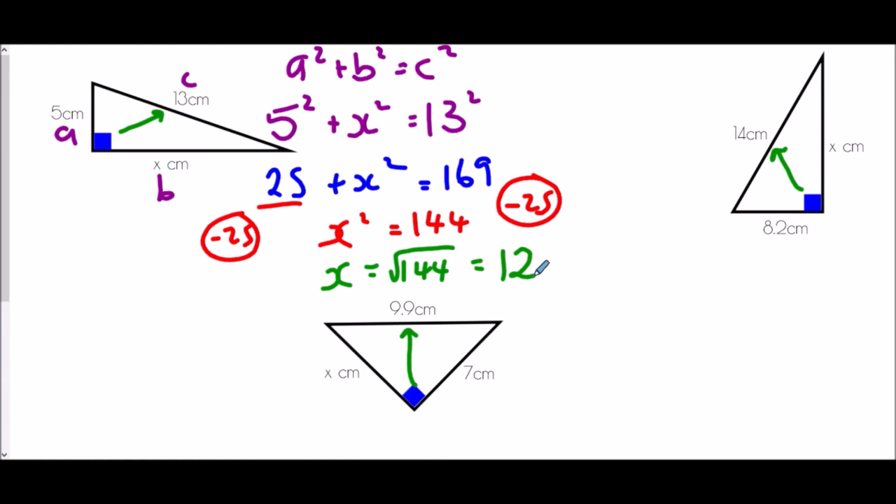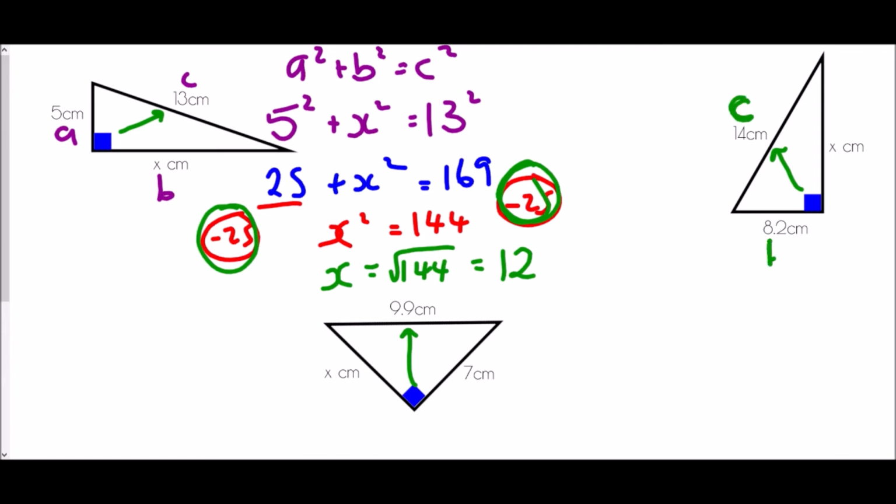Now you'll notice here that I had to do a subtraction. I didn't do that in the previous questions, but that was because I was trying to find the hypotenuse. Anytime you're finding a shorter side, you will need to subtract at some point. So let's see how that happens in the next one. So again, our hypotenuse is opposite the right angle, and therefore 14 is what we would call c.